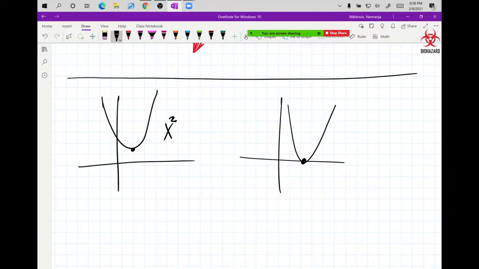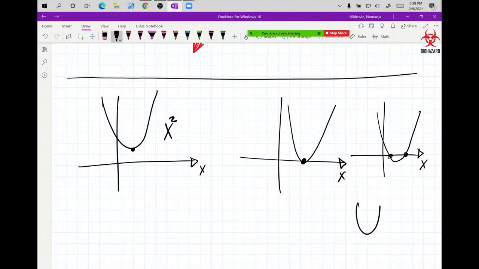So touching only one spot, or cutting through in two spots. See, so just the x squared, right, with its shifts, can not touch x-axis at all, could touch x-axis once, could cut through it twice. Obviously can't cut 3 times because it's x squared. So x squared is the U shape that never bends back to cut through x-axis one more time.